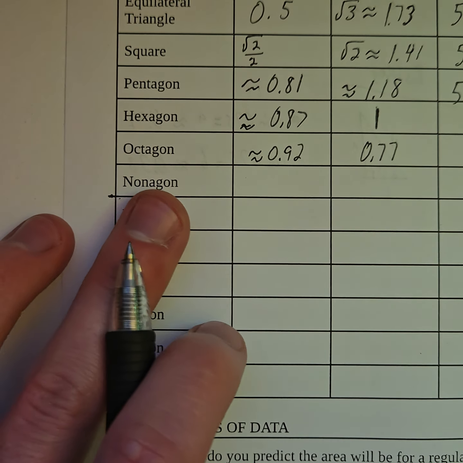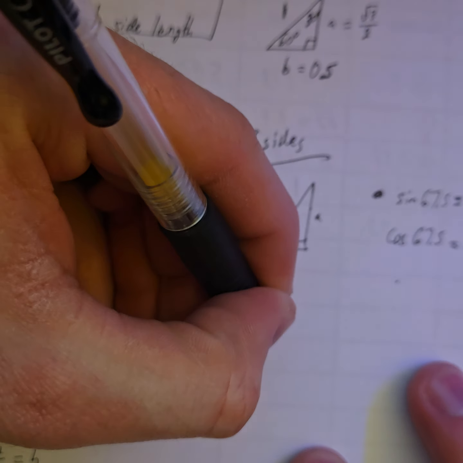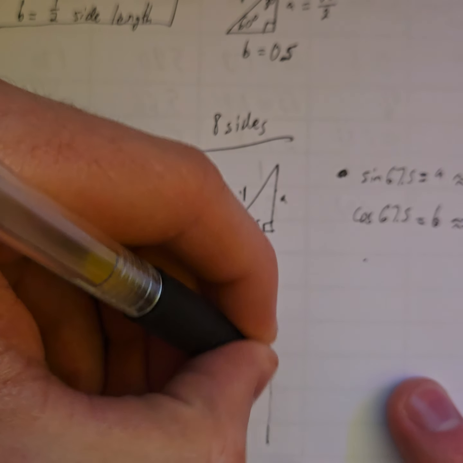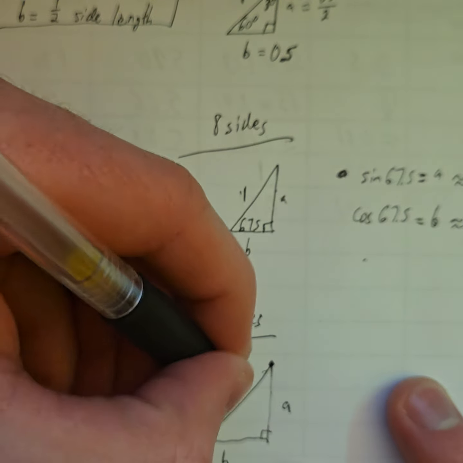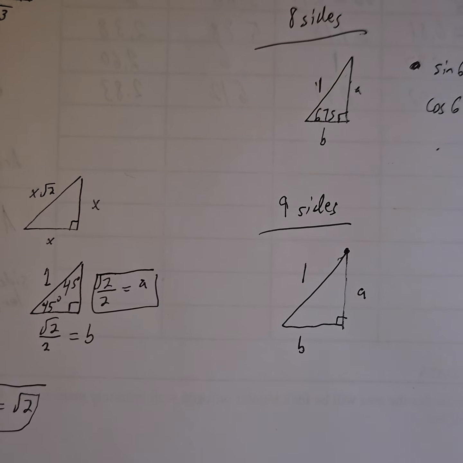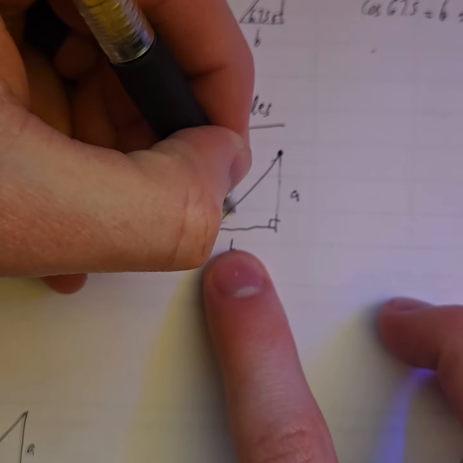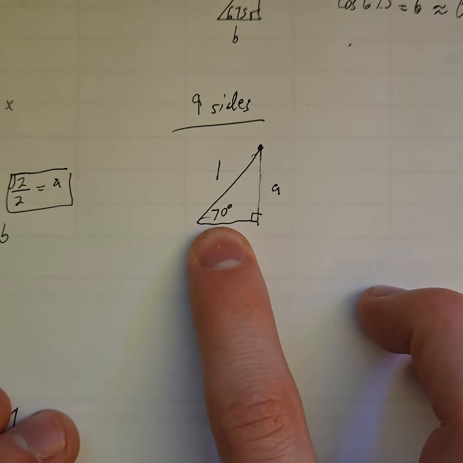Pause the video here. Try that one out. See what you get. All right, so for 9 sides, the angle that we get down here was 140, and then you divide by 2 and you get 70.